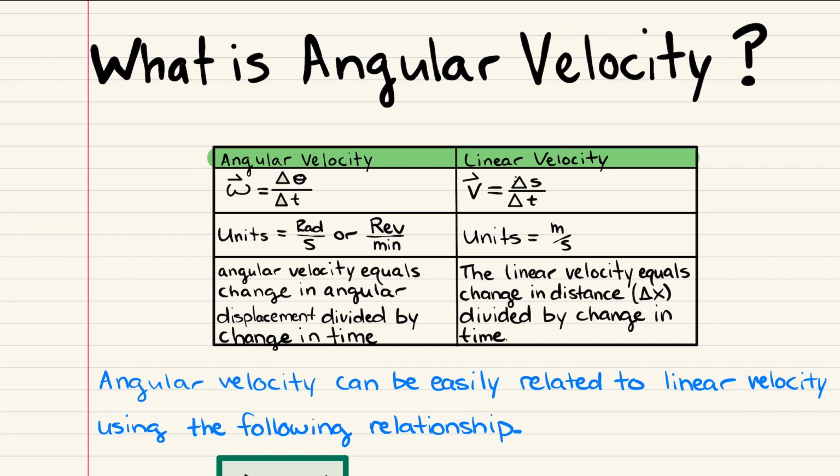So sometimes it can be degrees over time, sometimes it can be revolutions over time, sometimes it can be radians over time. I think more likely you'll see radians over time when we're doing angular problems or rotational motion problems. But basically, in words, the definition is angular velocity equals change in angular displacement divided by change in time.